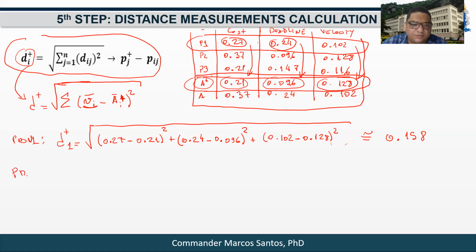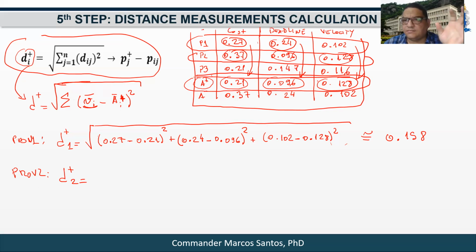So provider 2, I have D plus 2. We have the same thoughts: the square root of, parentheses, 0.37 minus 0.21 squared, plus 0.096 minus 0.096 squared, plus 0.128 minus 0.128 squared.